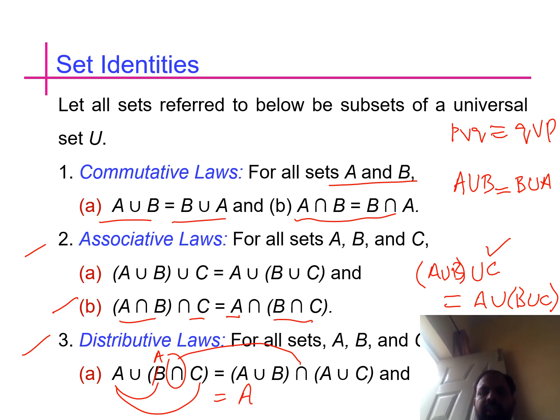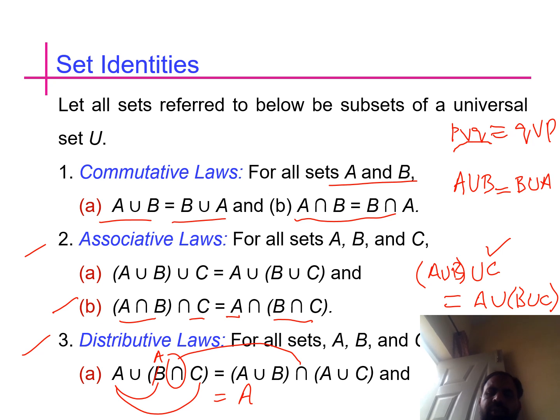For all sets A and B, A union B is equal to B union A, and A intersection B is equal to B intersection A. You can write in logic P or Q is equivalent to Q or P.